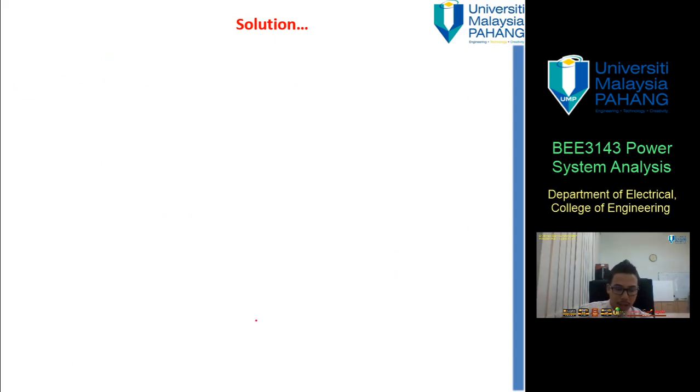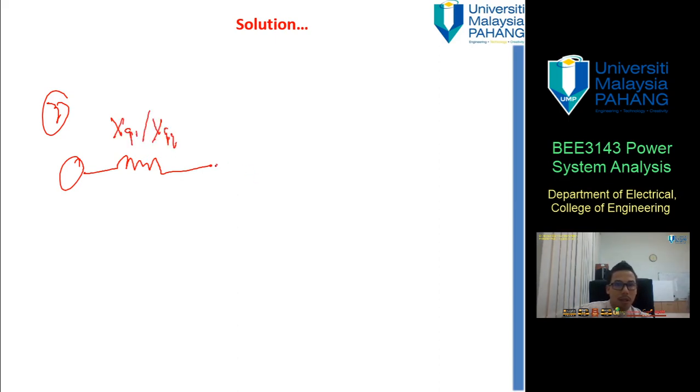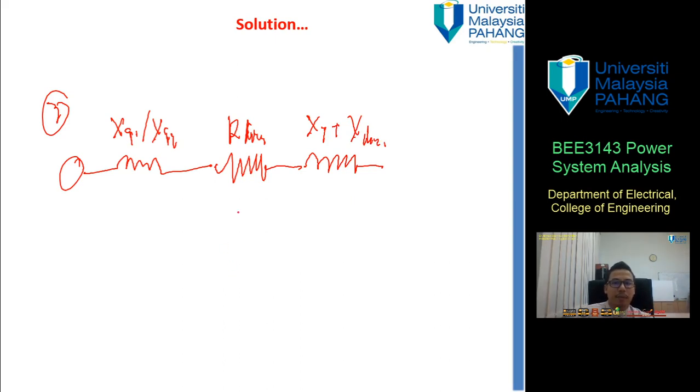So at the end, basically the idea becomes XG1, XG2, then you have the R line, and this is the sum of the XT plus X line. Just the basic idea, this is very basic.